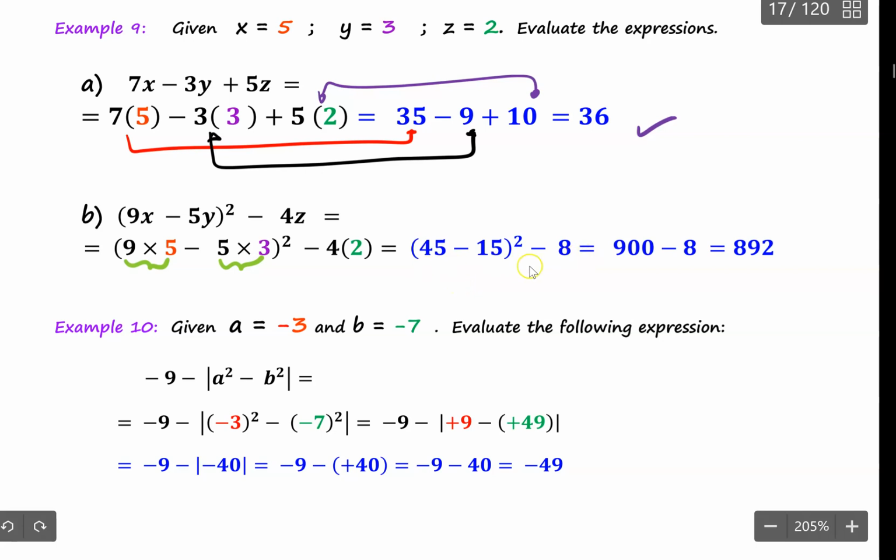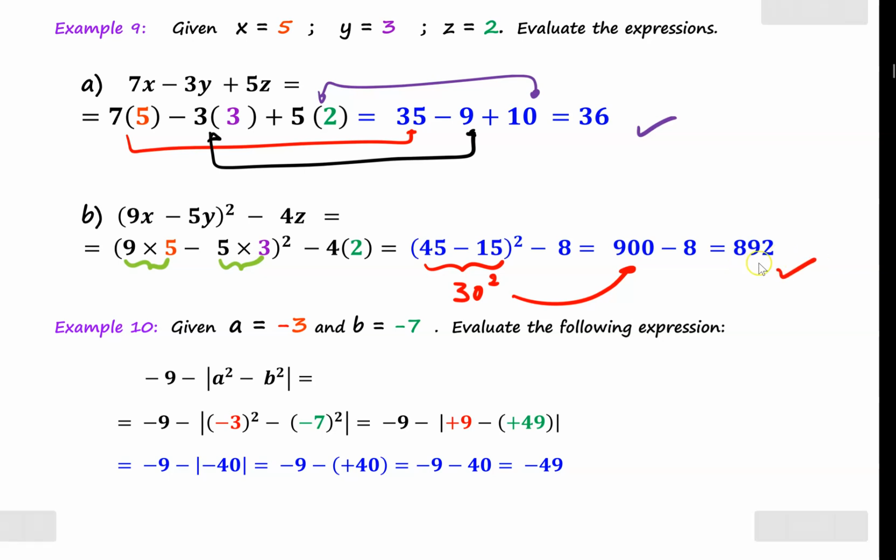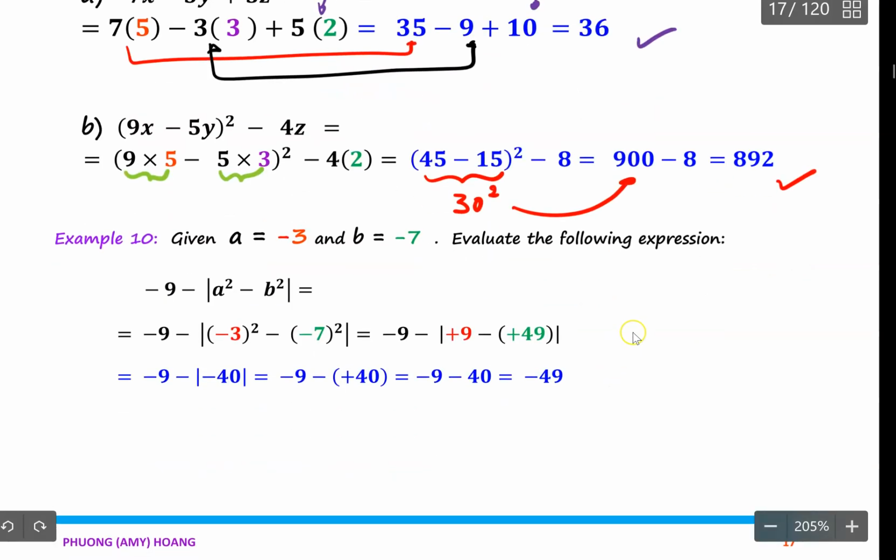The next step, I just show you that I got 45 subtract 15, square that, and 4 times 2 will give me 8. 45 subtract 15 will give me 30, and 30 squared will give me 900, and 900 subtract 8 will give me 892. Very good. Okay, so let's go over example number 10.